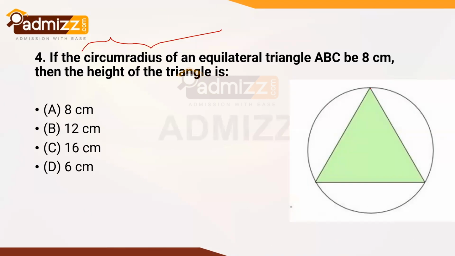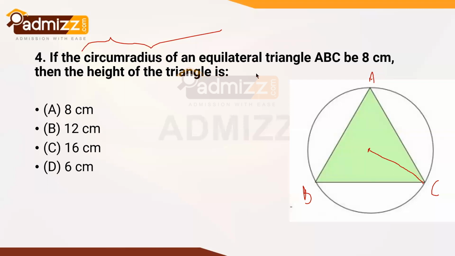For instance, ABC is an equilateral triangle, and its circumcircle is this circle ABC. If the center of this circle lies somewhere around here, the circumradius is basically the radius of this circumcircle.